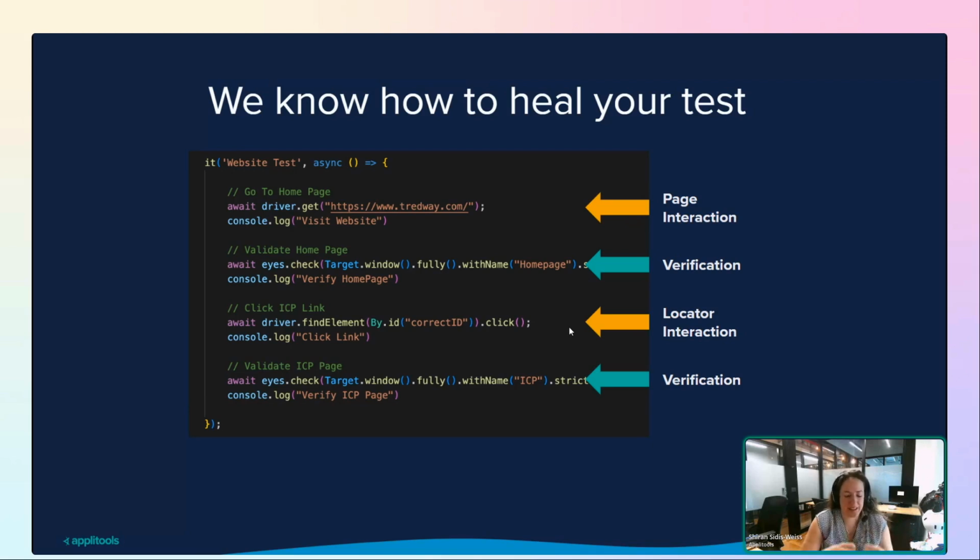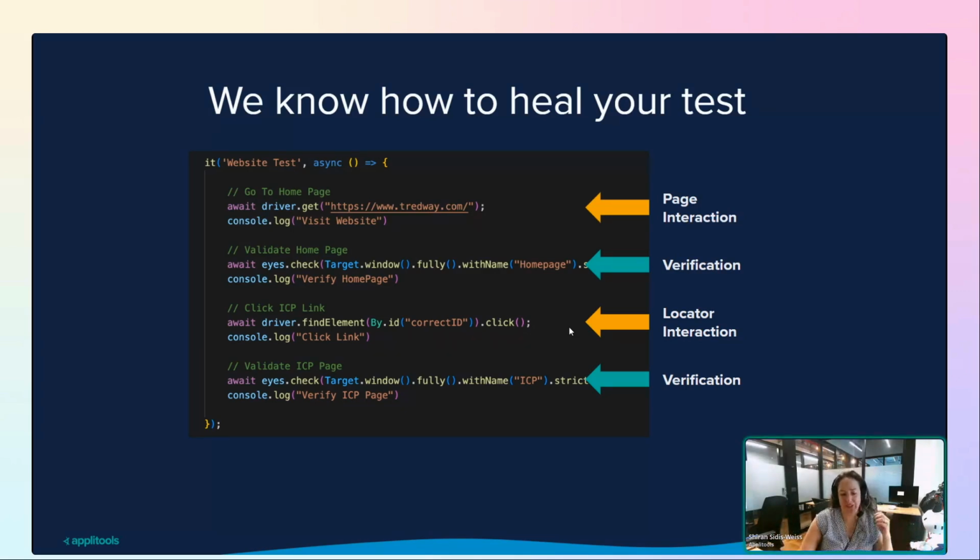Eyes is our product for visual validation, visual testing. So that's a one-liner, one code that will cover your whole page with a screenshot without any dependency whatsoever to your page. So this is another factor that will reduce friction, so much less interaction with the page.